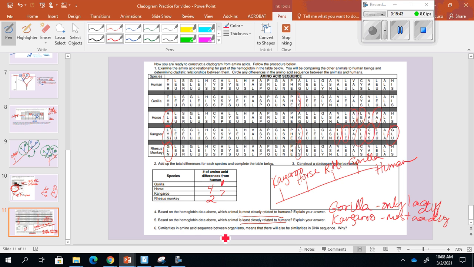And similarities in amino acid sequence means that there will be similarities in the DNA. Why? Ooh, this is due to codons. And the codons are from my messenger RNA. And that was transcribed from DNA.